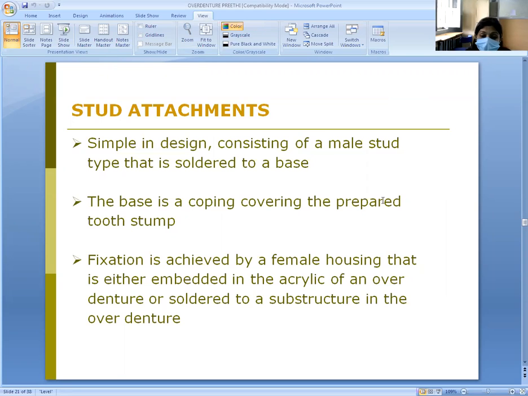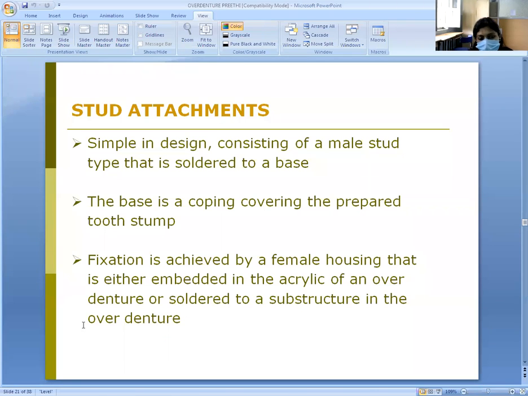So the male attachment is attached to the root stem, and the female attachment is attached to the acrylic part of the overdenture, or soldered to the substructure in the overdenture. If the overdenture is made up of acrylic, it is embedded into the acrylic, and it is made up of metal denture base.